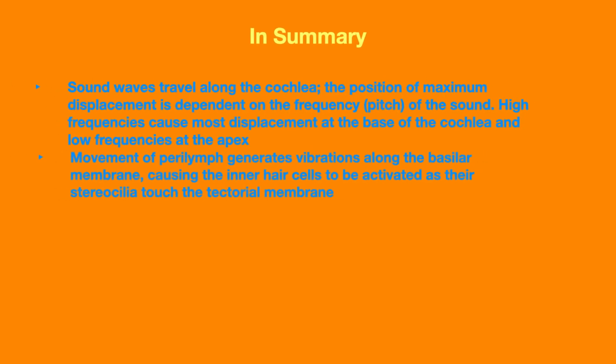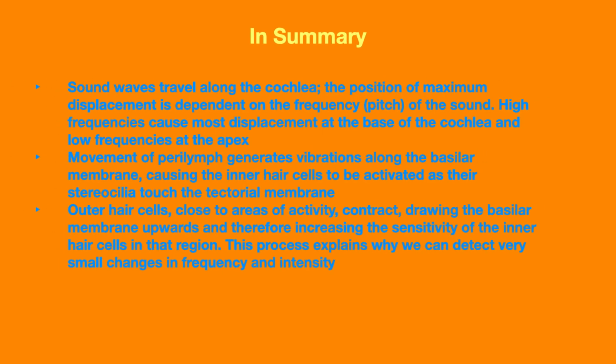Sound waves travel along the cochlea. The position of maximum displacement is dependent on the frequency of sound. High frequencies cause most displacement at the base of the cochlea and low frequencies at the apex. Movement of perilymph generates vibrations along the basilar membrane, causing the inner hair cells to be activated as their stereocilia begin to touch the tectorial membrane.